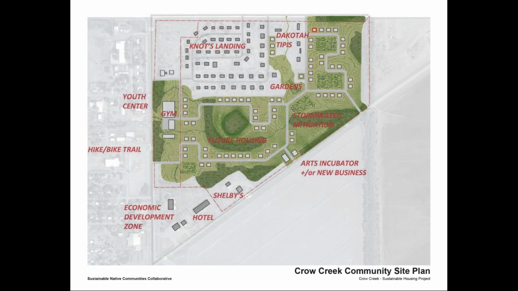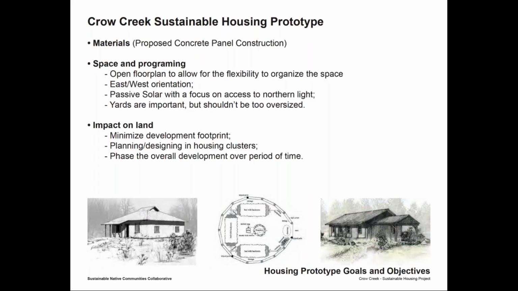To the west, we started to plan the community facilities, the gym that is connecting across the street to government structures, and then to the southeast of the development site, thinking about the economic potentials. That is a main road that cuts through the tribe, and we're looking at ways of engaging the local arts or an economic development component that attaches itself to this overall housing development.